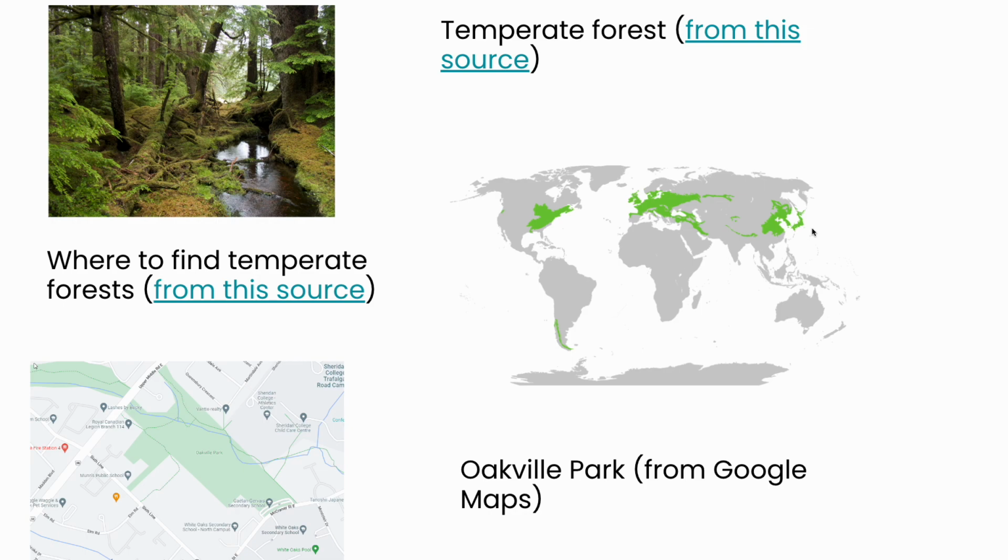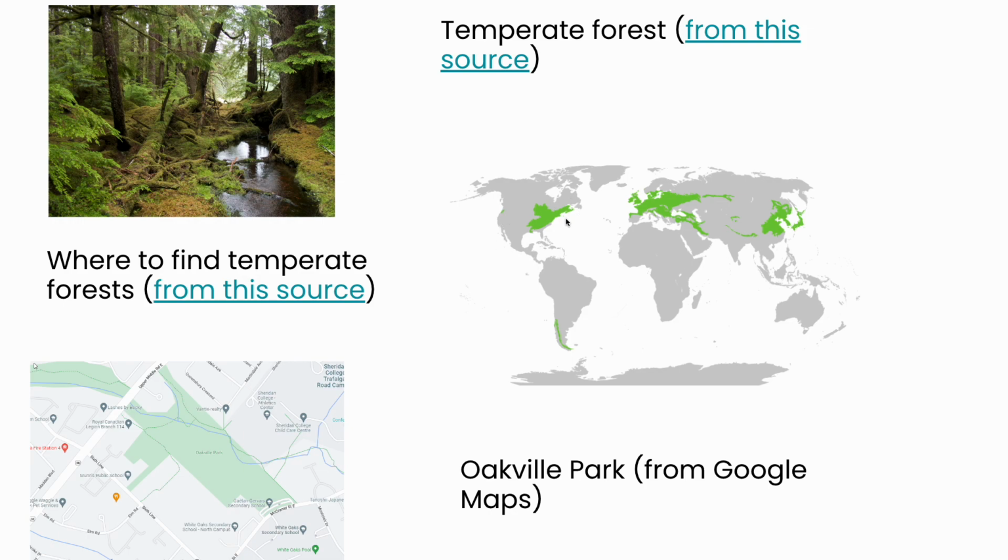You can see that as long as they fit the classifications, so they fit in with those temperature ranges, with the ranges for rainfall or snowfall or whatever other classifications are characteristic of that biome, they can be classed as that particular kind of biome.